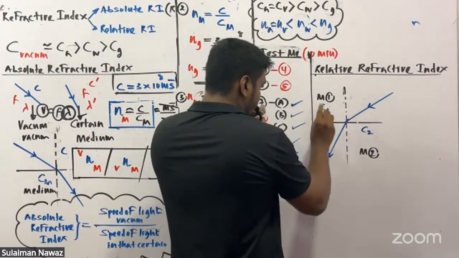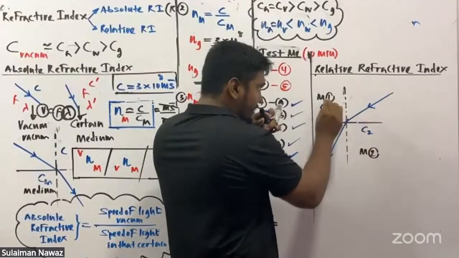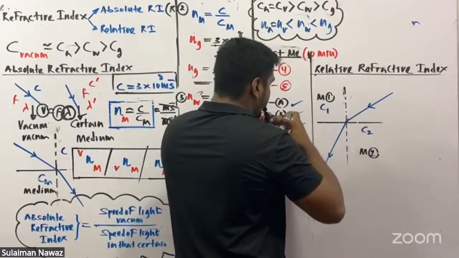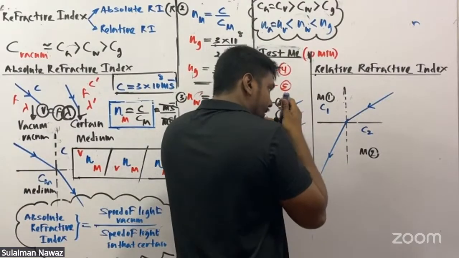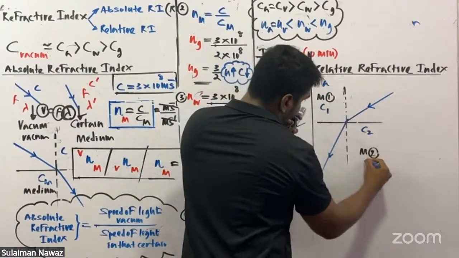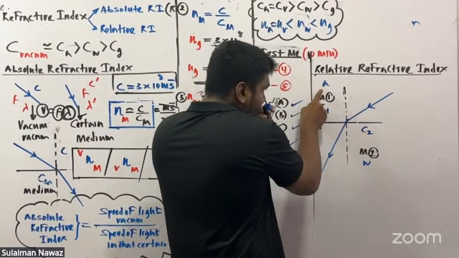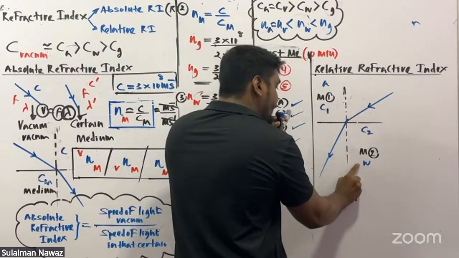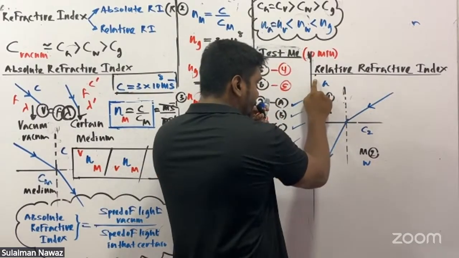Think of medium 1 as air, for example, and medium 2 as water. We know the absolute refractive index of air and the absolute refractive index of water relative to vacuum.